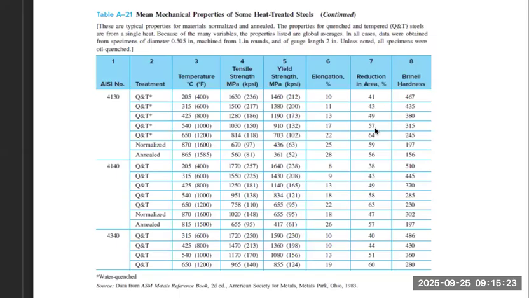This is the diagram we use, which is the AISI diagram. And we find that the yield strength for AISI 4140 quenched and tempered at 400 degrees Fahrenheit is going to be a yielding strength of 238 kpsi, I believe.